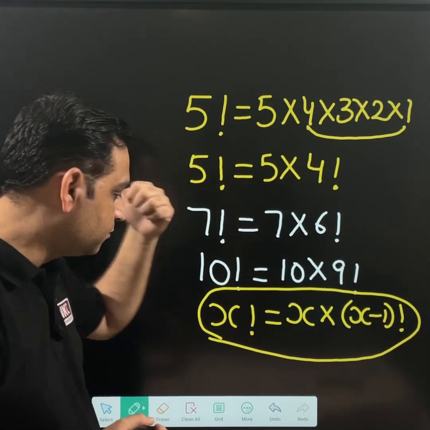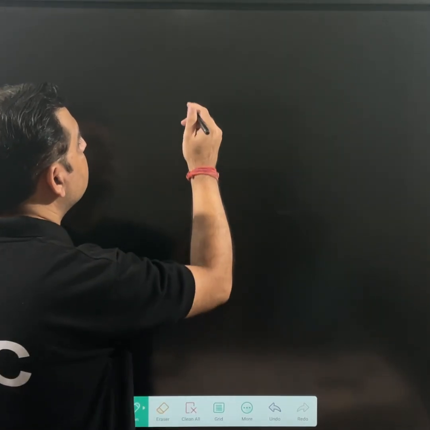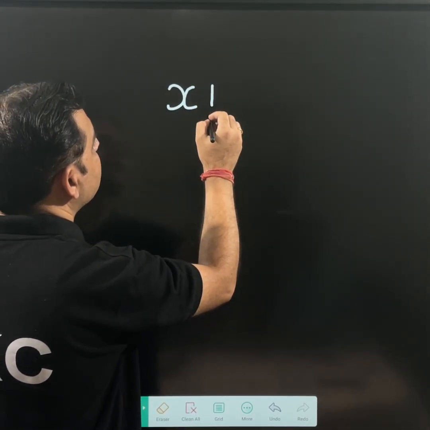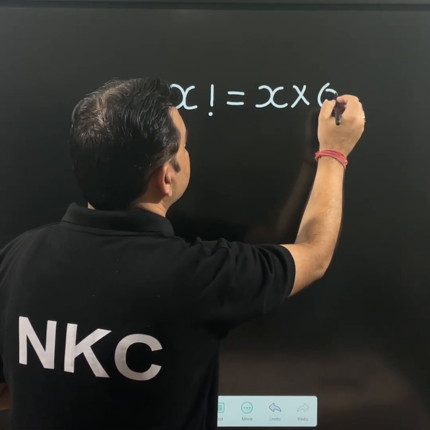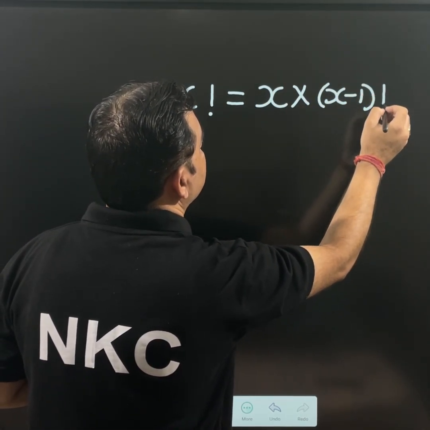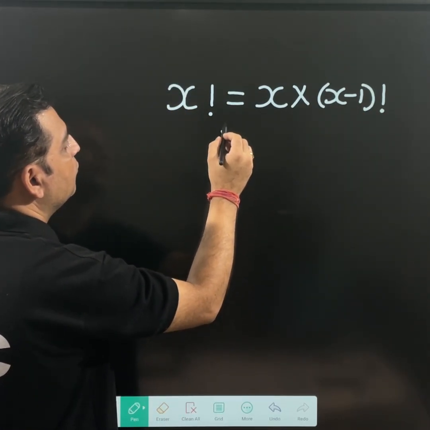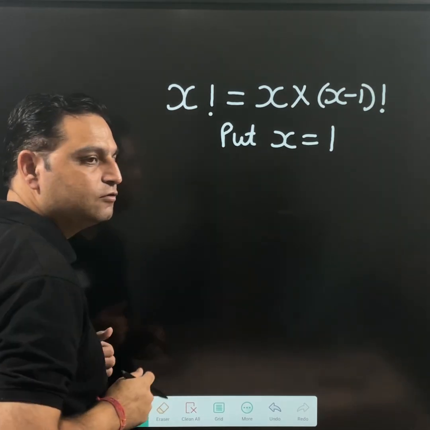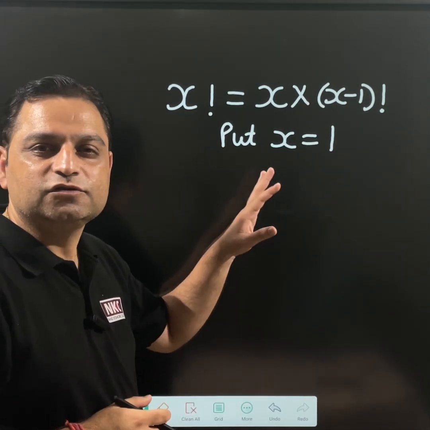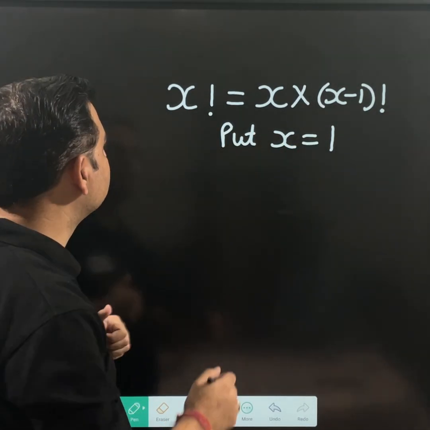Now see how we can practically use it. My formula has become x factorial is equal to x times (x minus 1) factorial. Now I just need to substitute x as 1 in this formula. If I substitute x is equal to 1, what are we getting?